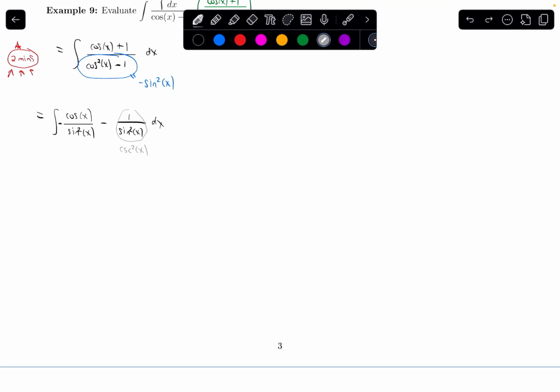So yeah, for this first one, for this fraction, we can do a u sub. For cosecant squared, we actually know this antiderivative because we know a function whose derivative is cosecant squared. The derivative of what is cosecant squared?